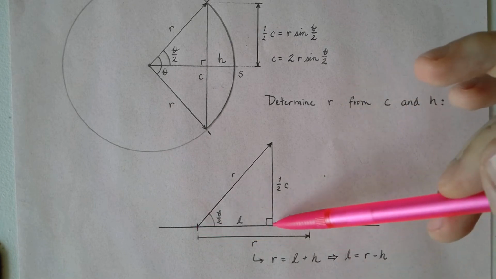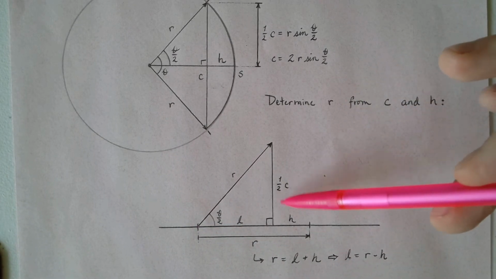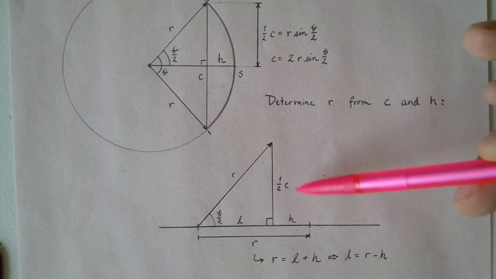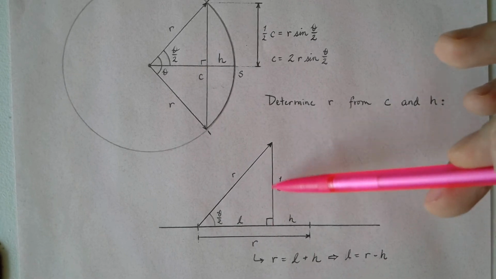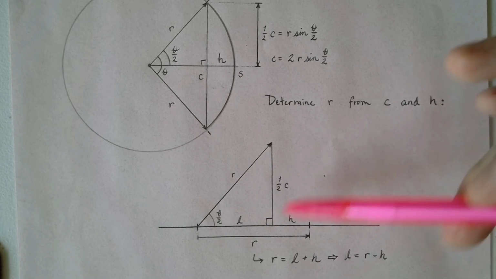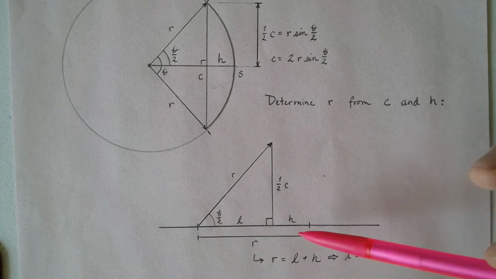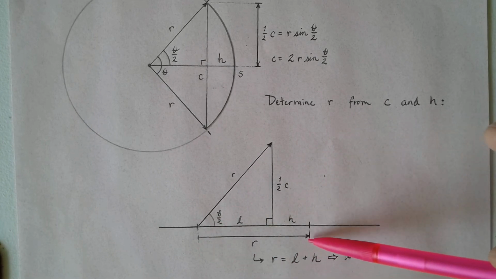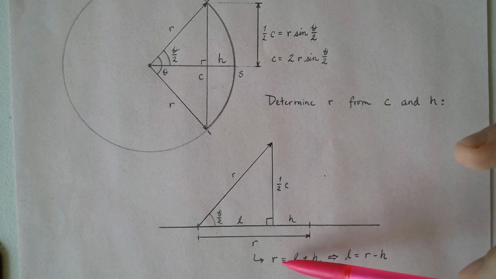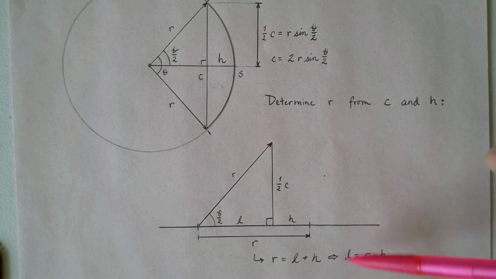We then define the base to be of length L, and we'll know that the side of our right triangle is half the chord. This will play an important role. What we can then deduce is that the full radius is equal to the length of this triangle plus the depth or height of our spoon.